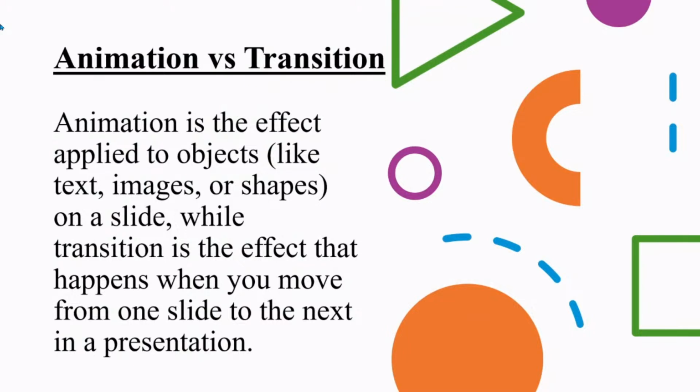So animation is what would cause the text or an image to move in a unique manner, to disappear at a certain point during the presentation, or to change in some way or form. While transition is the effect that happens when you move from one slide to the next. So it controls how we move from one slide to the next.